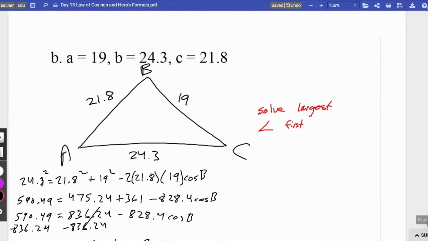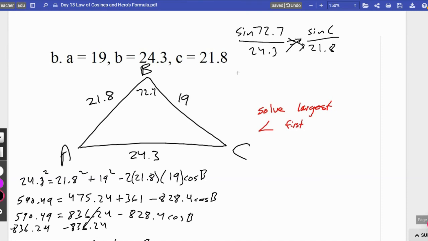So 72.7. We know something great now, because if I know that this is 72.7 and I know its opposite side, we can use law of sines. Sine 72.7 over 24.3 is equal to either one at this point. We found the biggest angle, so I will keep it consistent and do the next biggest, sine of C over 21.8. I'm going to do the work on my calculator to save a little time, but really we're just cross multiplying.